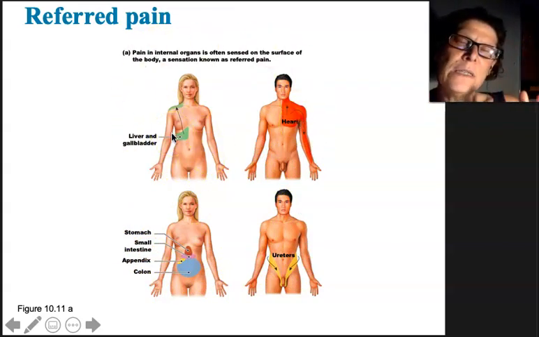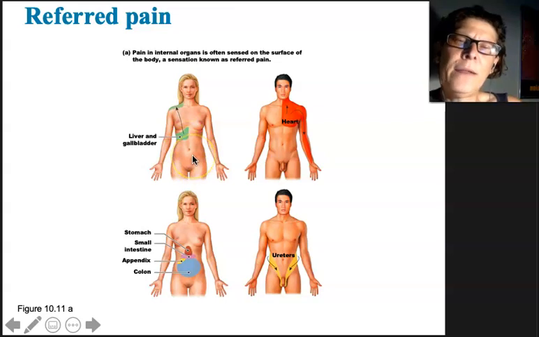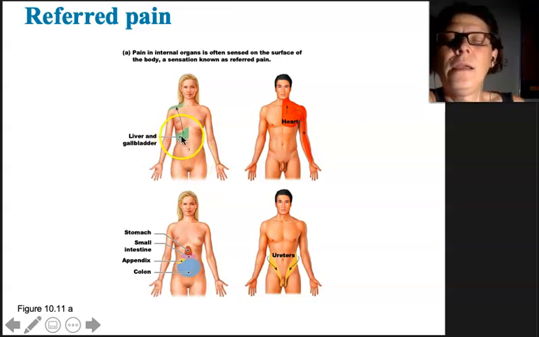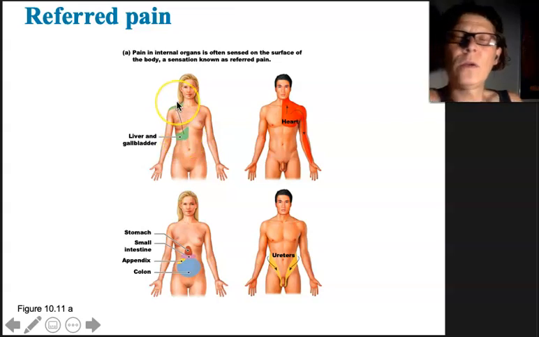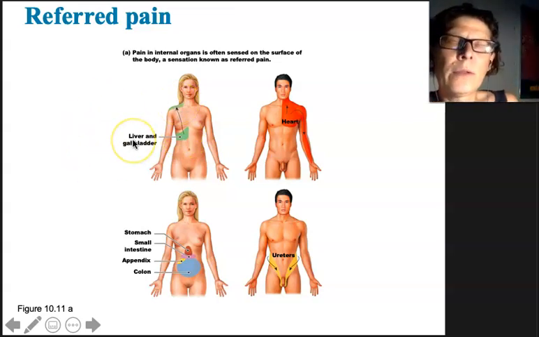And for some reason, we are able to determine internal pain, visceral pain, by pain on the surface of your body, on the skin. And so, for instance, if you have pain in this area here or on top of your right shoulder, then there might be a liver or gallbladder problem.